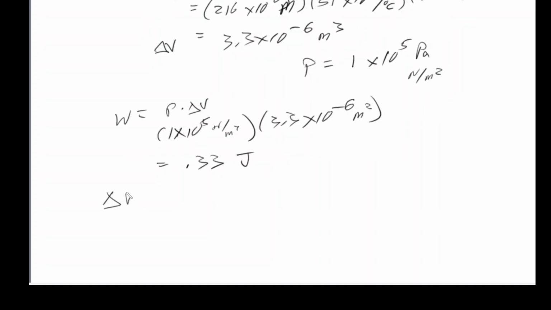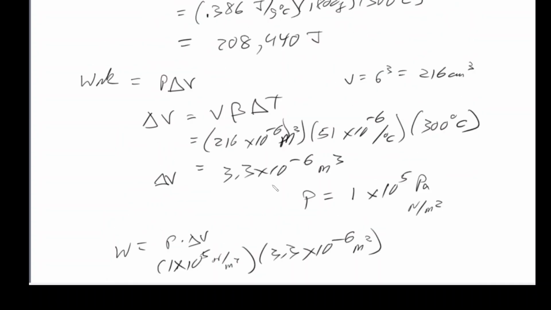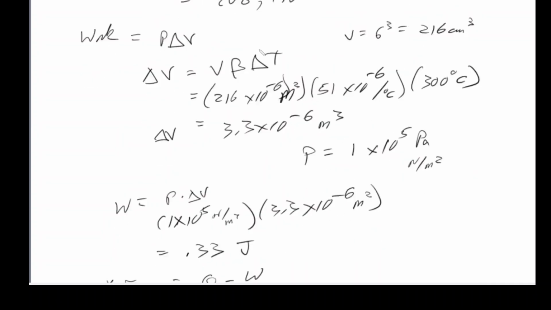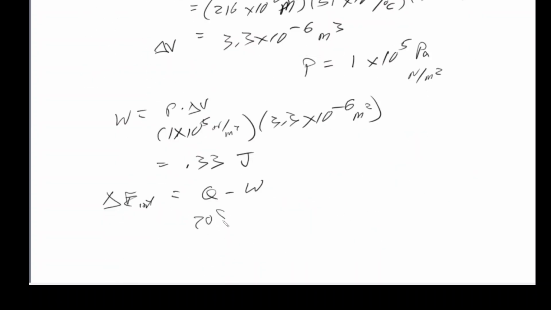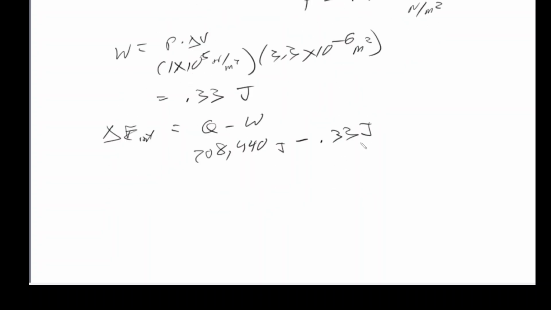So our change in internal energy is equal to Q minus W, where we found Q up here, which is 208,440 joules, minus the work, which is 0.33 joules. Now, 0.33 is minuscule compared to the 208,000, so we're going to ignore that and call it 0.